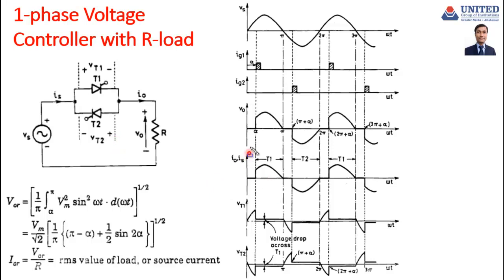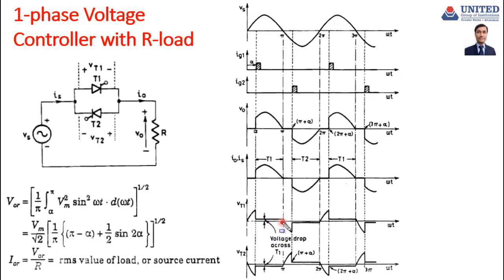From 0 to alpha T1 is forward biased, so the voltage across thyristor T1 will be equal to Vs during 0 to alpha. From alpha T1 conducts, so the voltage across T1 is about 1 volt, which is the internal voltage drop across T1.